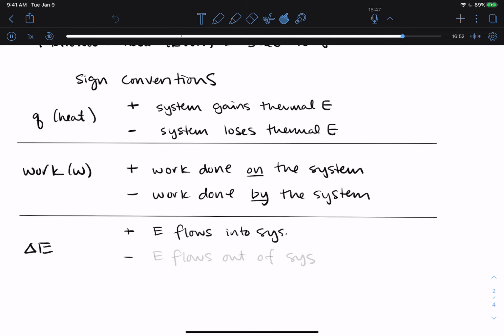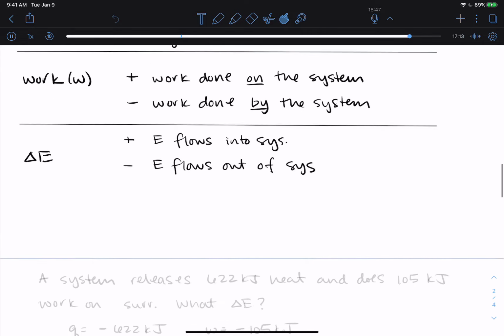And negative is energy flowing out of the system. So, like I mentioned, you may be given this information in terms of the surroundings, and then you'll need to adjust your signs accordingly. So, let's do an example with this to show what it would look like.